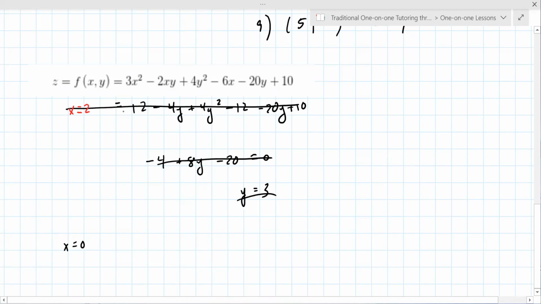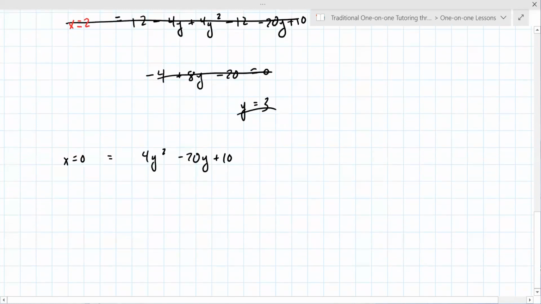Okay, so let me see if this works, and then maybe it'll make some more sense here. So the first two terms are 0, 4y squared, that's 0, minus 20y plus 10. And then it says take a derivative of this, you get 8y minus 20 equals 0. So y equals 20 divided by 8, which is 5/2, which is 2.5.